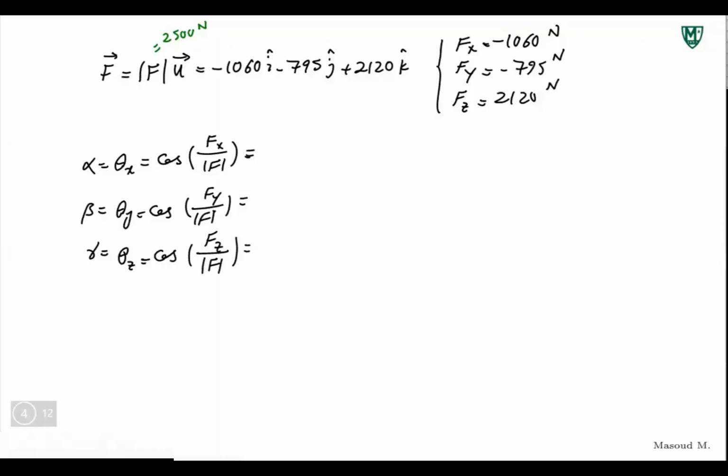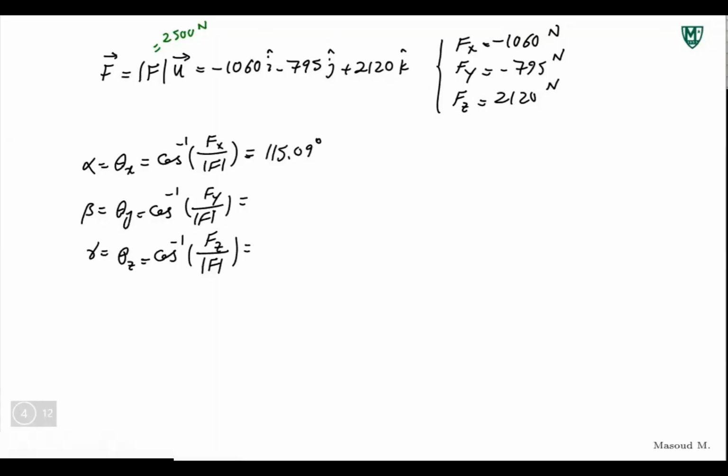So Fx is minus 1060 divided by 2500. Obviously this should be cosine inverse. Once you do the calculation, divide this, find the inverse cosine of this value, it gives you 115.09 degrees.